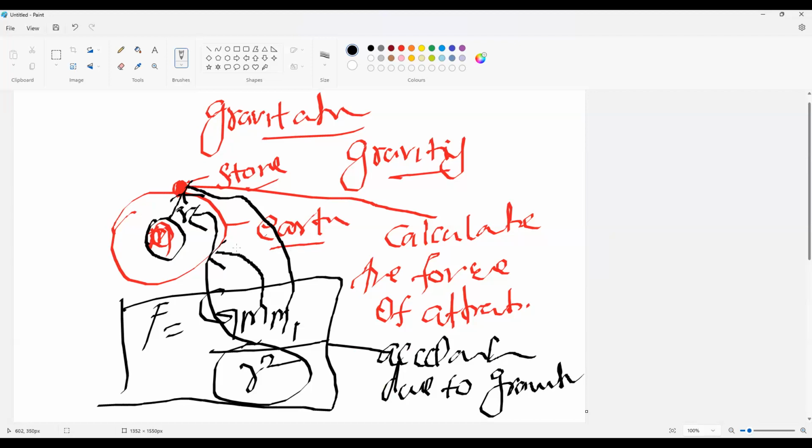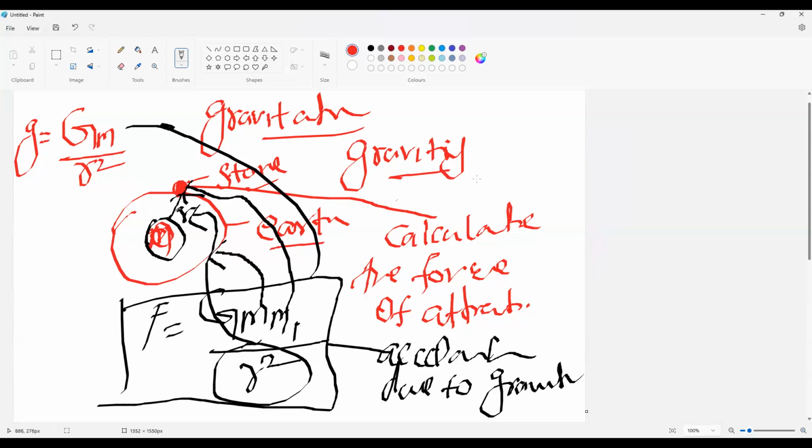So we will write g equal to G M by R square, because the Earth's mass is here. Big G is the universal constant value of gravitation, and M is the mass of the Earth, divided by R square. Is that clear, my dears?